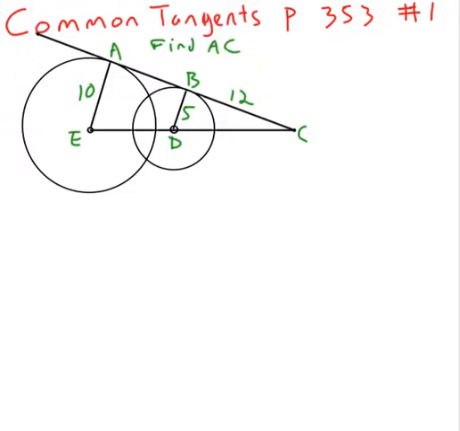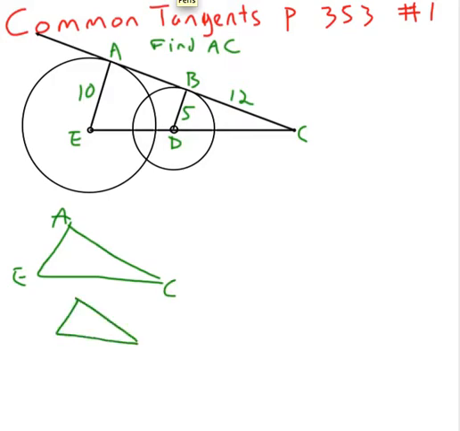All right, now the way that I solve this is using proportions of similar triangles. We have two triangles that are similar: the big triangle AEC, and the smaller one, BDC. If I do a crude drawing, that's AEC, and our smaller one is DBC.